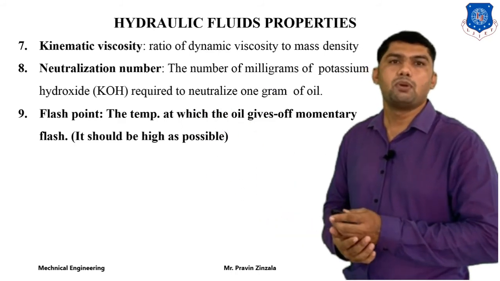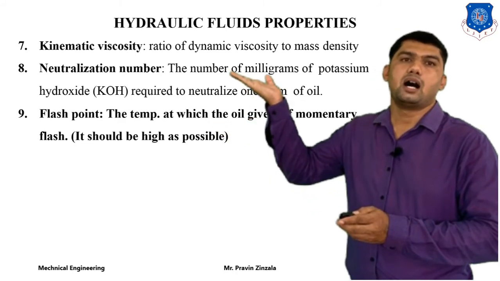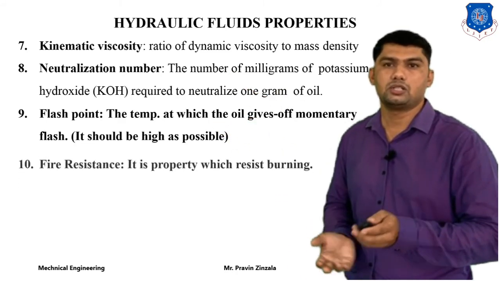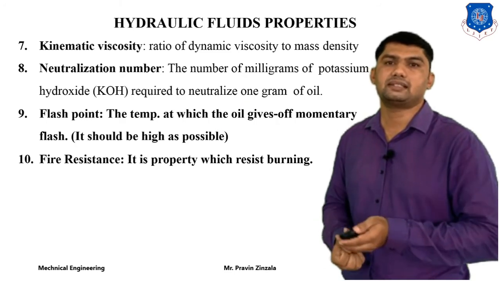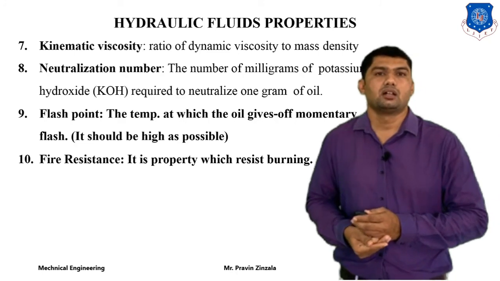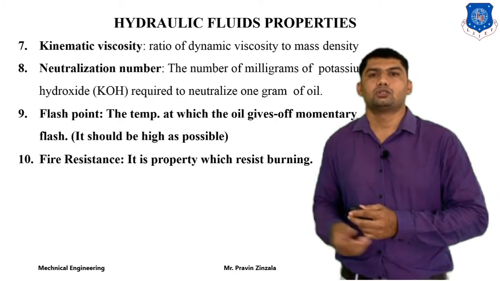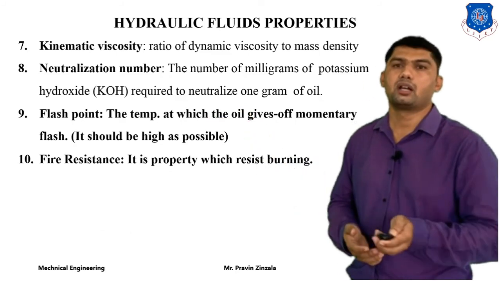So it's called flash point. The flash point of our hydraulic fluid should be as high as possible as per requirement. Next property is fire resistance. It is resistance to burning. So fire resistance should be higher for our hydraulic system requirement.